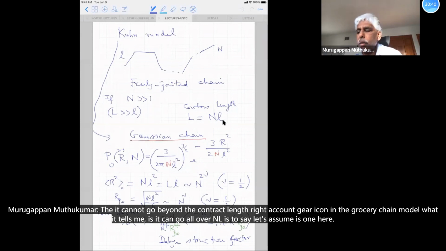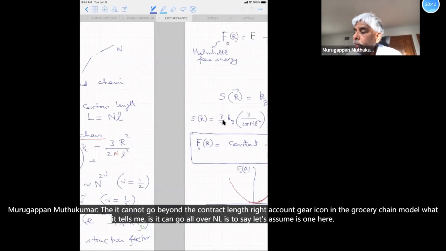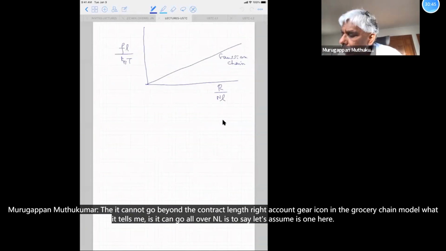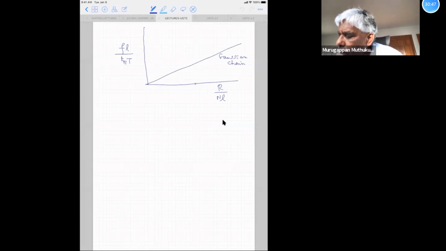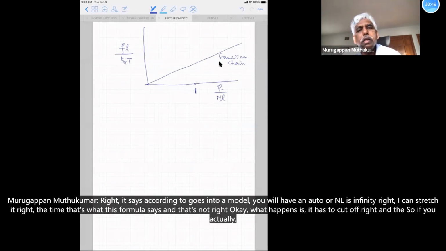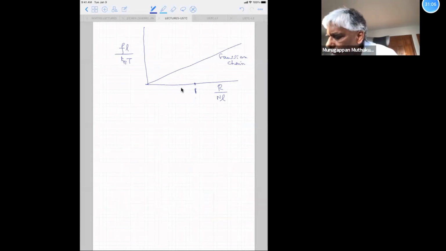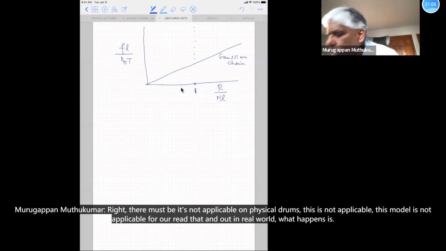According to the Gaussian chain model, let's assume R over NL is 1 here. Even when R over NL is infinity, I can stretch it. Do you understand? That's what this formula says, and that's not right. What happens is it has to cut off. On physical grounds, this model is not applicable for R greater than NL.